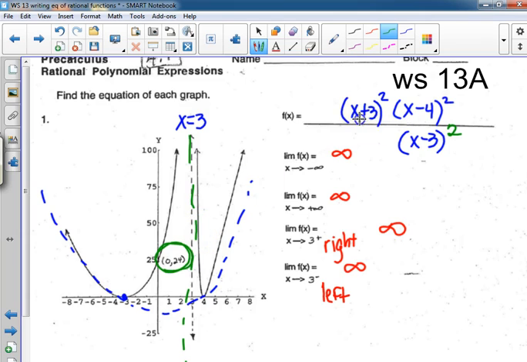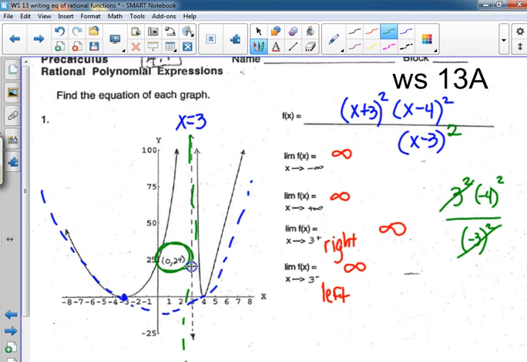If I put a 0 in right now, what do I get, guys? x plus 3 would be 3 squared, yes. x minus 4 squared would be 16. And down here, x minus 3 squared, we get 9.